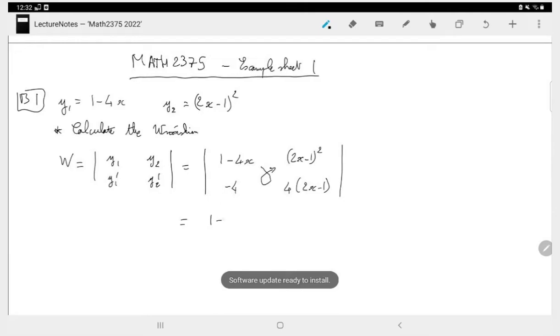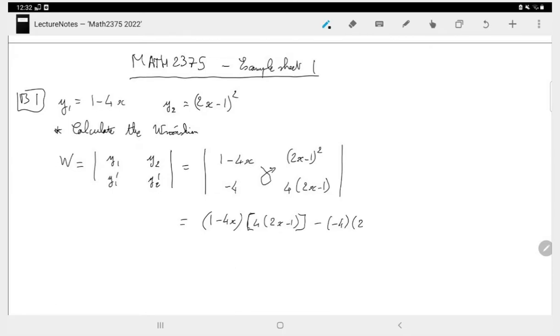And to take the determinant, I'm just going to do the cross product in this direction. So I'm going to be doing (1 minus 4x) times 4(2x minus 1) minus 4 times (2x minus 1) squared. And what I can notice here is the presence of 4(2x minus 1) on each side. So I'm going to factorize by this.